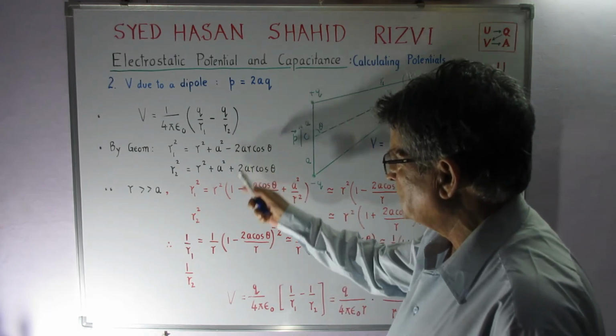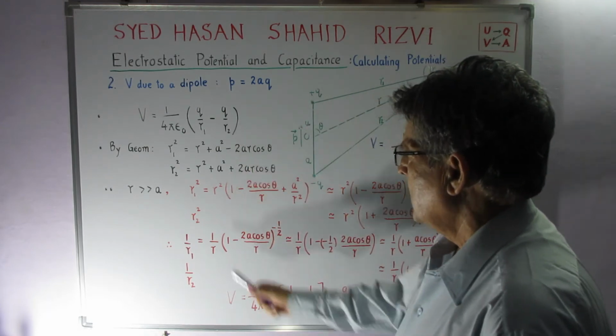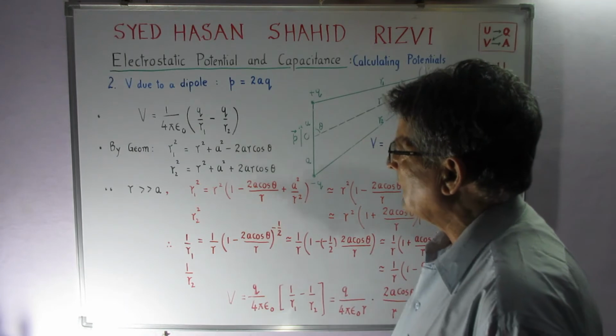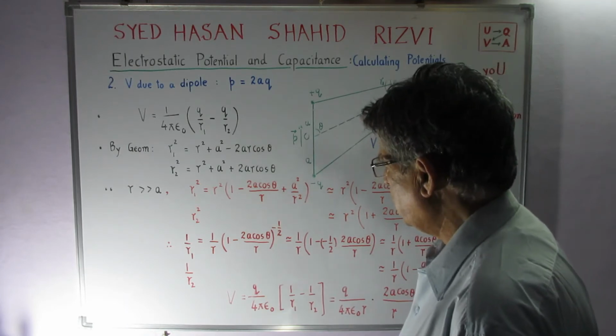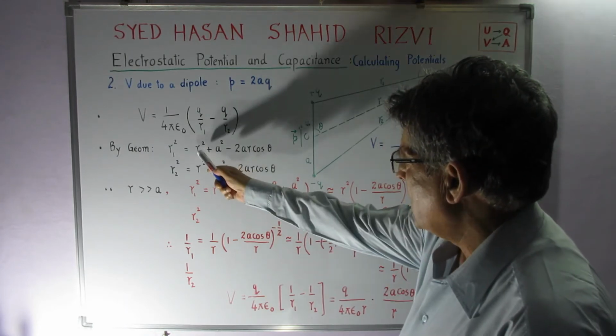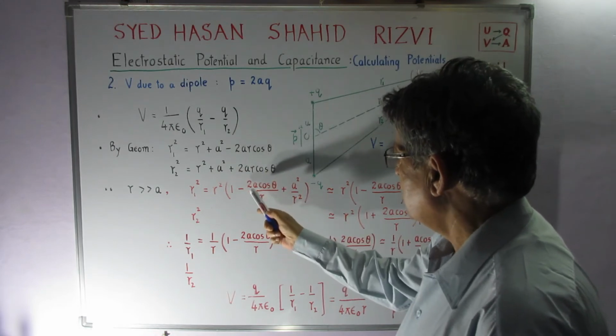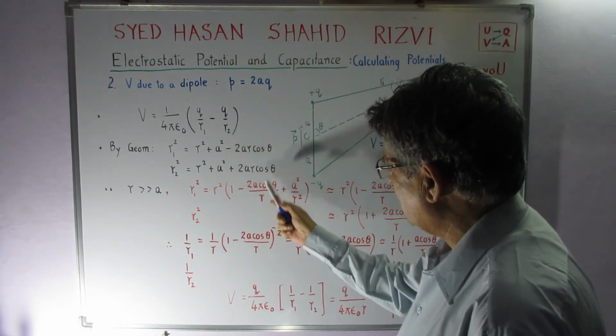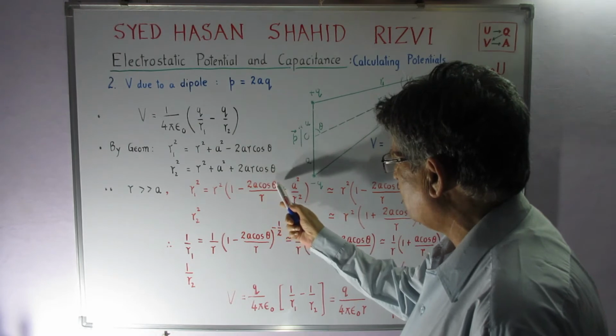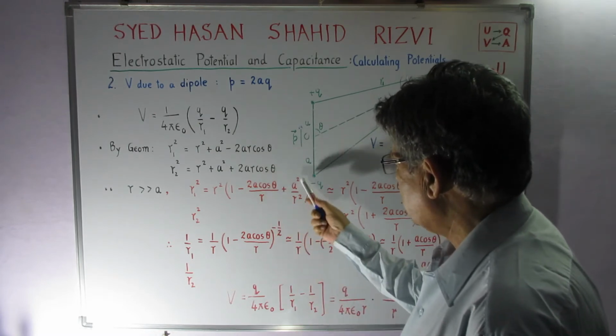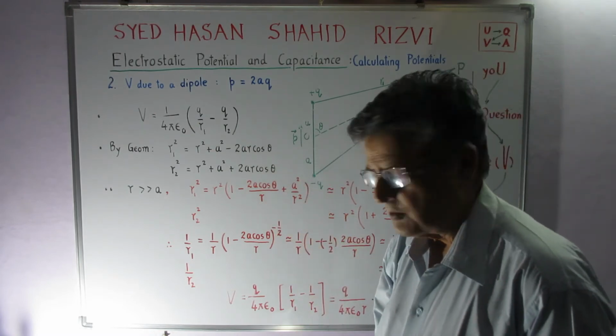Therefore, I can write r1 square as r square common: 1 minus 2a cos theta upon r plus a square upon r square.